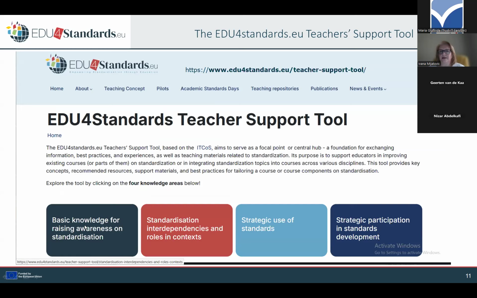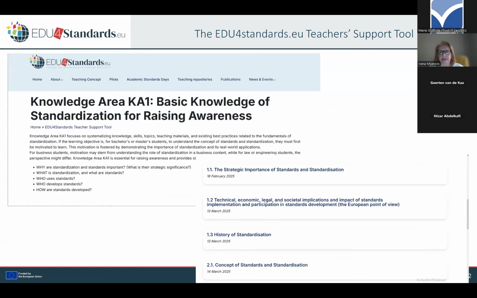By clicking any of the knowledge areas, you can find content related to a specific topic. By clicking, for example, the first, basic knowledge for raising awareness on standardization, you can have a description of this knowledge area and the topics in this knowledge area. In the topic, you will find the specific structure that I already described.